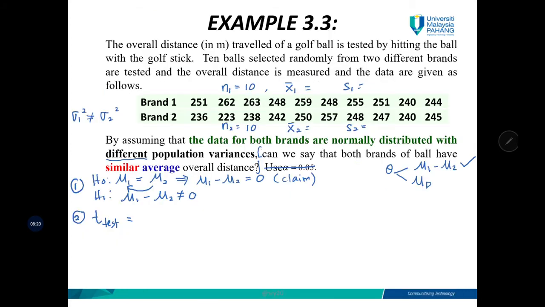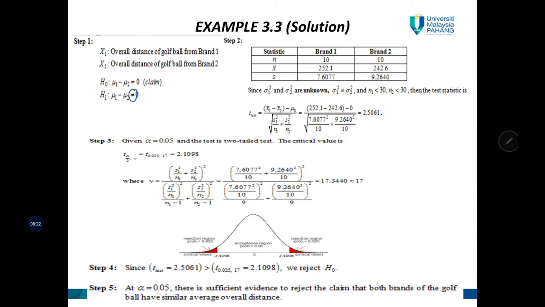So calculate the nu value here, and then round down the value of nu. We get the value of nu now as 17. Then by using the statistical table, get the value for t 0.025 with degrees of freedom 17. We get the value 2.1098.